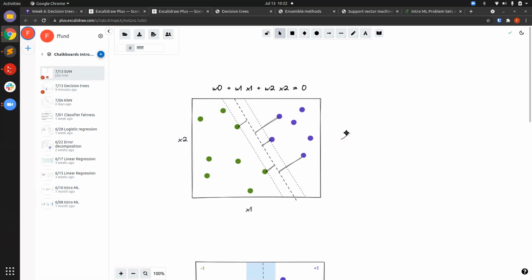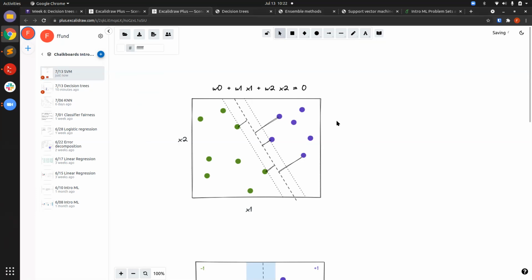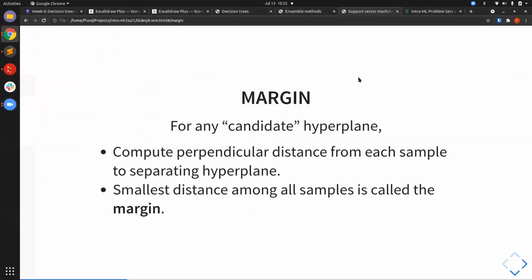Then the middle of that rectangle will be the decision boundary. So we're going to find the distance from every point to every candidate hyperplane, and the smallest of those is considered the margin, or half the margin, actually. Then we choose a hyperplane that maximizes the margin. This is called the maximal margin classifier.